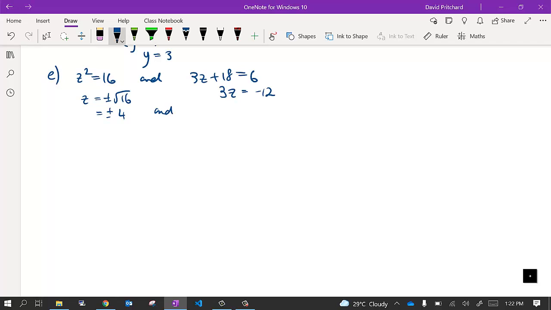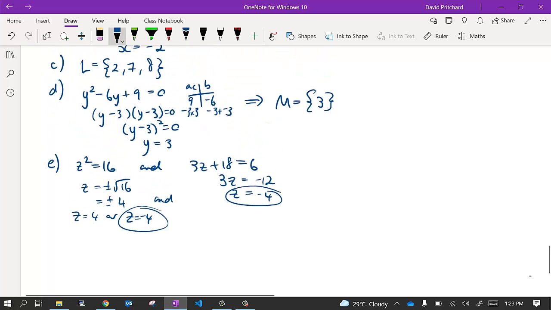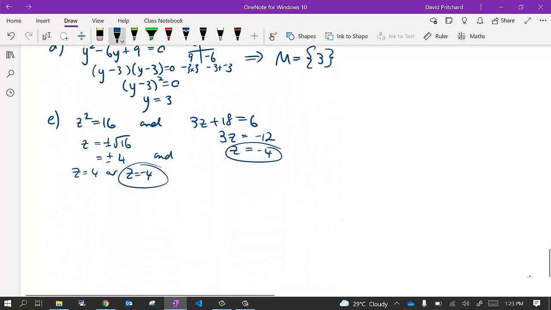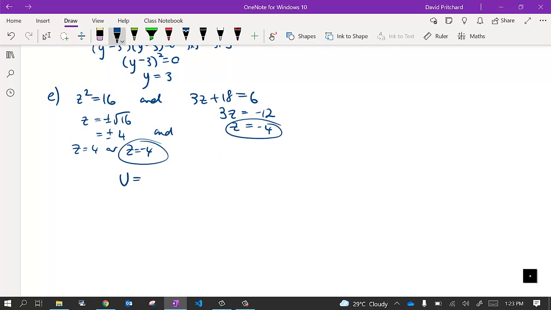When we divide by 3, we have z is equal to negative 4. So over here we've got z is equal to 4 or negative 4. So the intersection here, the element that exists in both sides, is negative 4. And that gives us our final answer that set U is a set with the element negative 4.